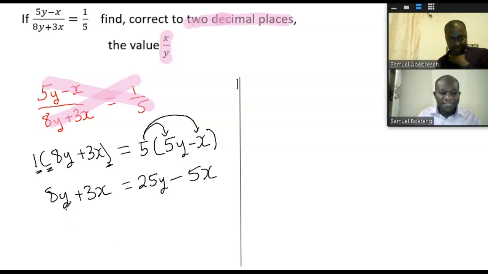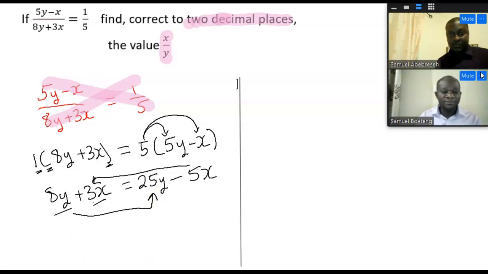We have x's and y's, so let's group the terms. We can bring the x to the left-hand side and then send 8y to the right-hand side.